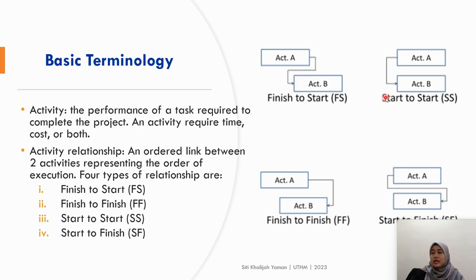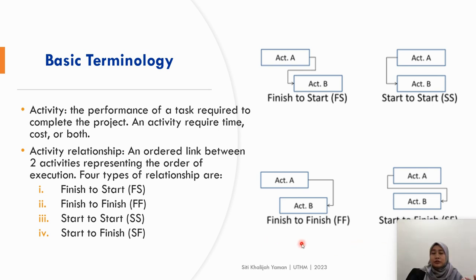Start to start means that you have two or more activities that start concurrently, at the same time. Let's say you start activity A and at the same time you start activity B. For example, you start your brickwork, and at the same time you start installation of the door and window frames. This is also possible.